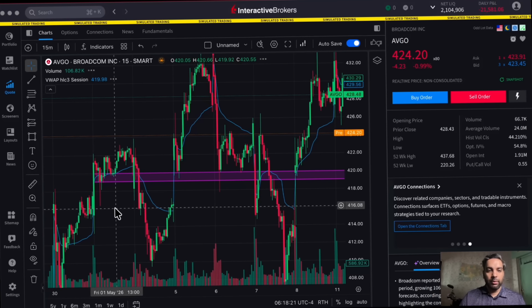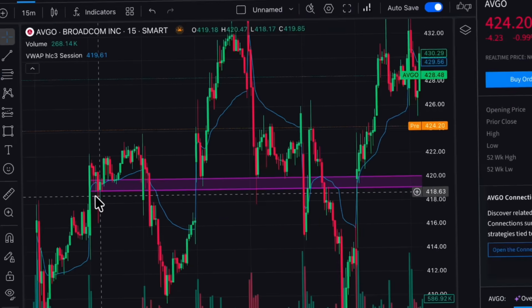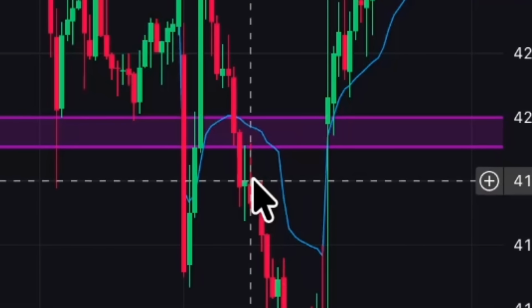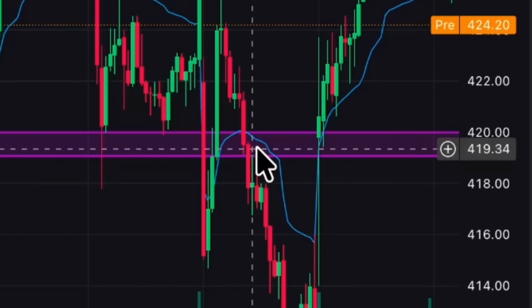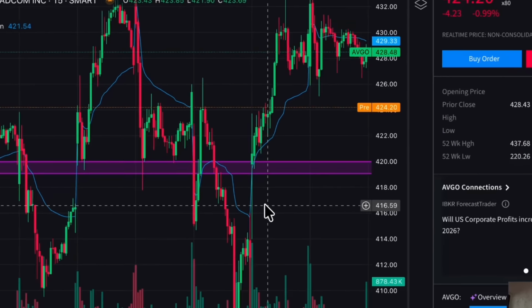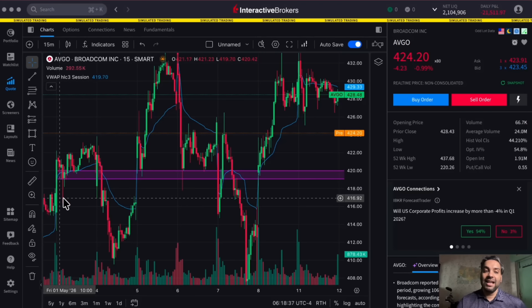So I drew it from here. Over here, you see 1, 2. Then when we come over here, 3, 4. So it has touched the bottom 4 times. What that means for me is if price action is above that, I'm looking to see if it holds and reacts to that.